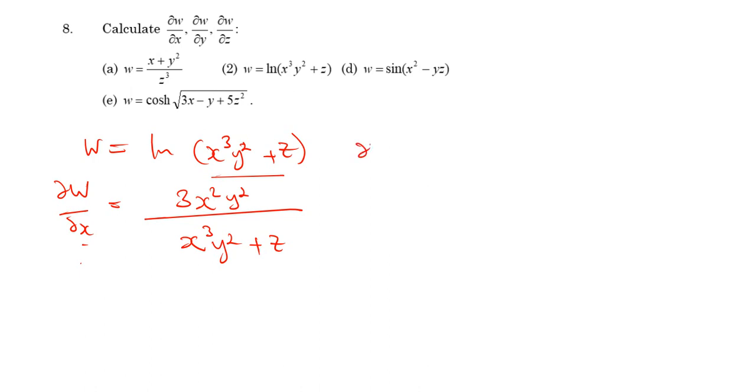The next one is partial of w, partial of y. With respect to y, the denominator in this case is not going to change for all this. It's going to be the same. What's going to be changing is the numerator, because I'm differentiating with respect to different variables. So now it's y, meaning I'll get 2 x cubed y.